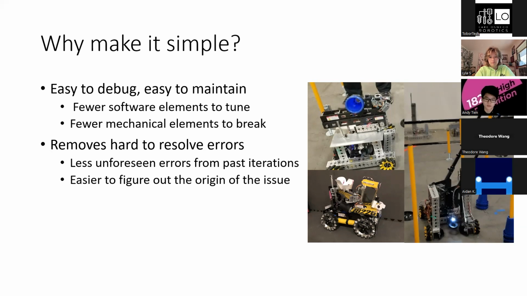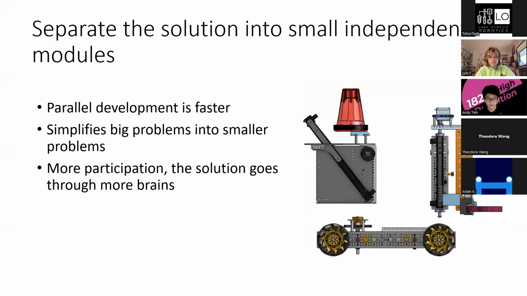So just a few general pointers for keeping it simple. Basically, simplify the mechanical and programming aspects of things. And the easiest way to do so is to separate everything into small independent modules.